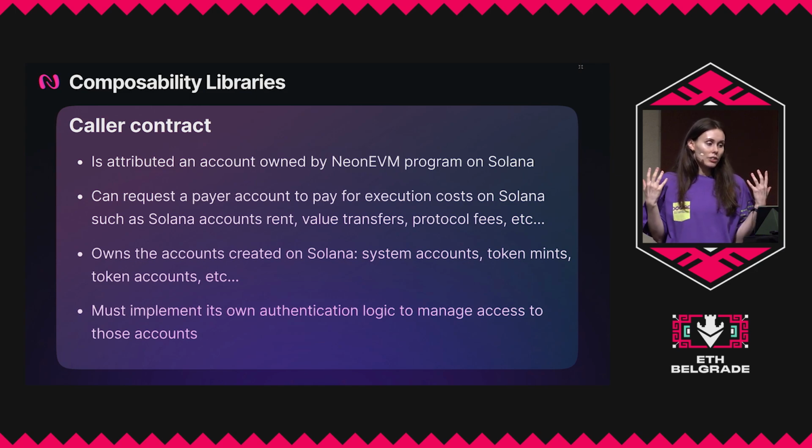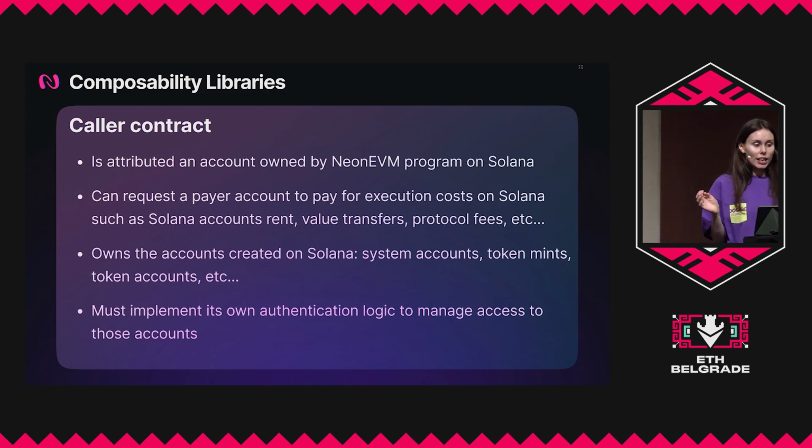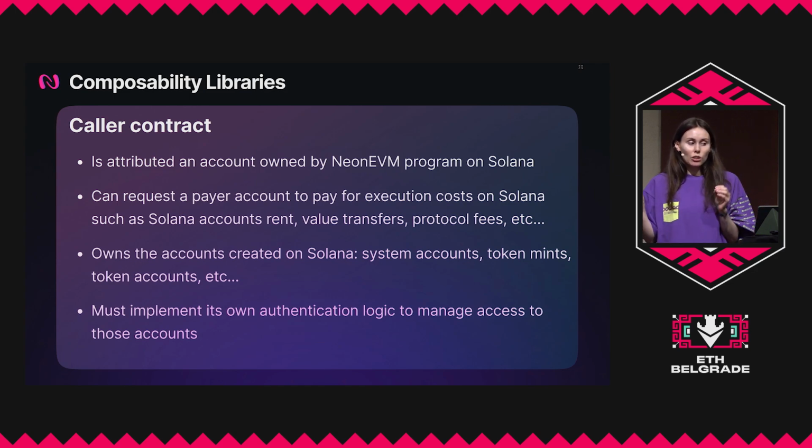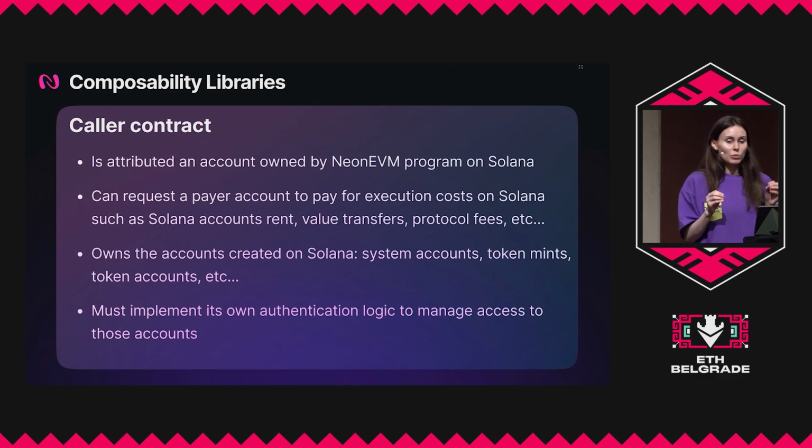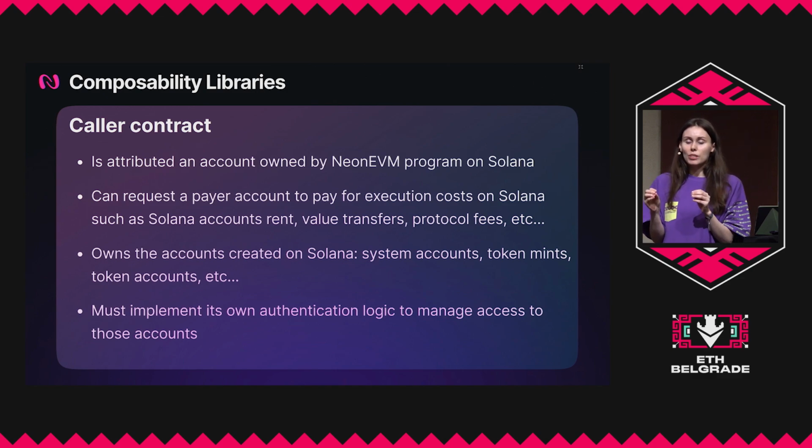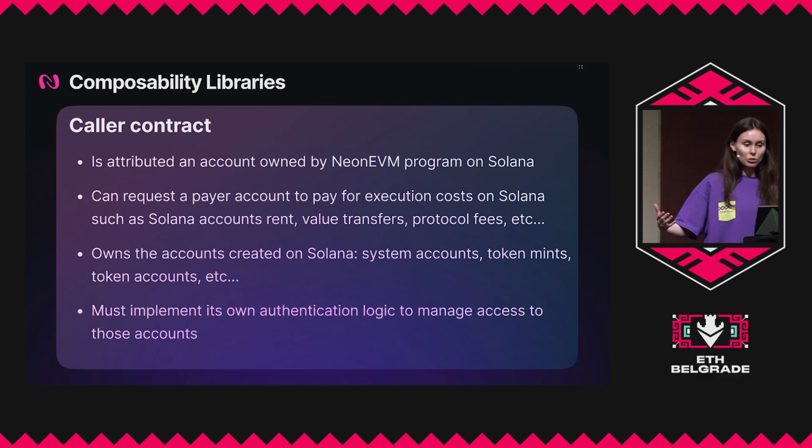And the caller contract is an account owned by the Neon EVM program on Solana. So the ownership is going to be within this contract. And later, when I'm going to show you how to deploy an SPL token, we are going to keep ownership within the caller contract. Then you can obviously delegate the ownership and pass the ownership to another account.